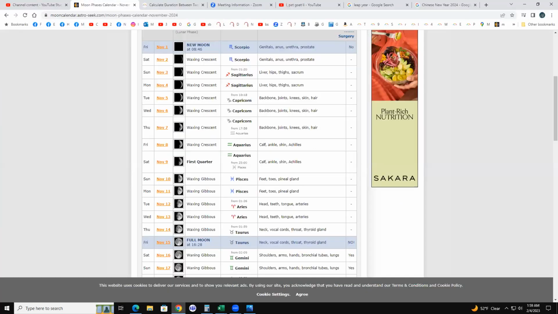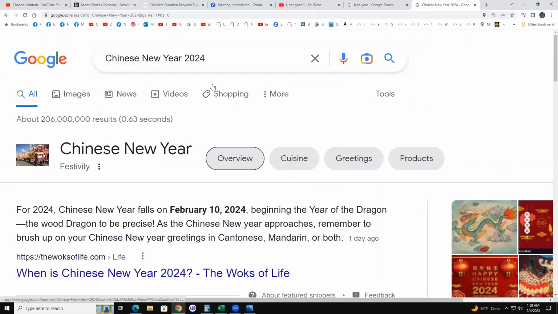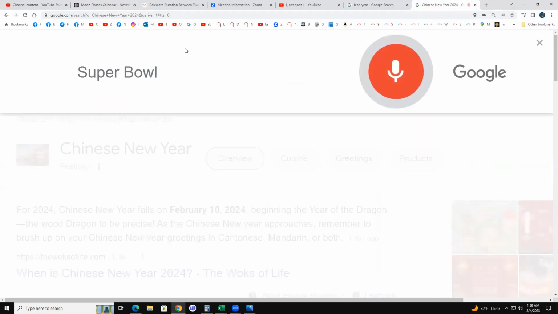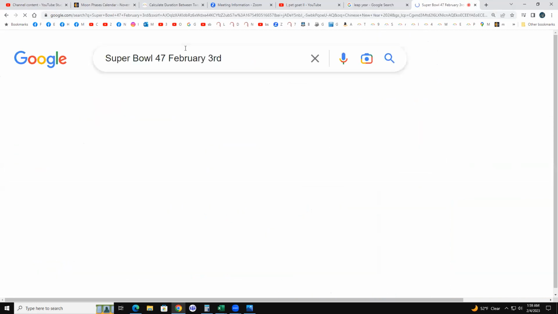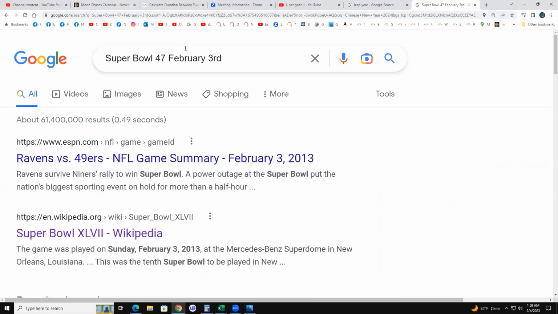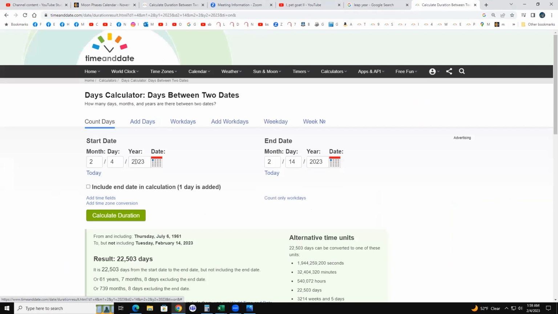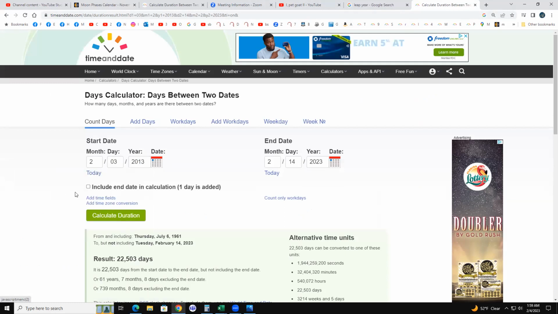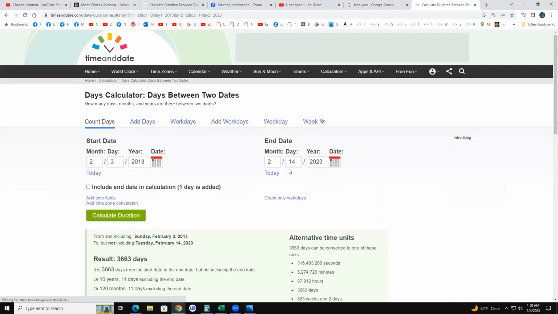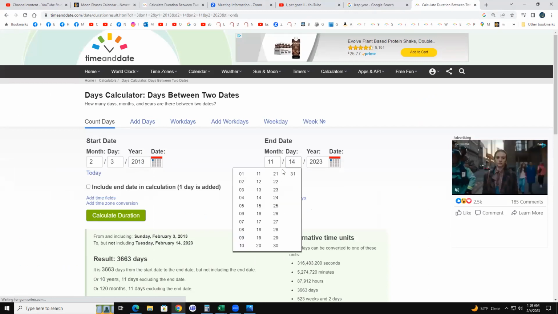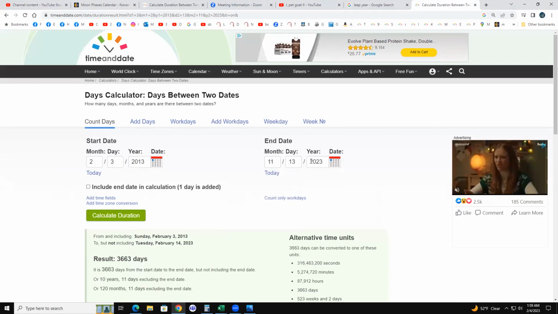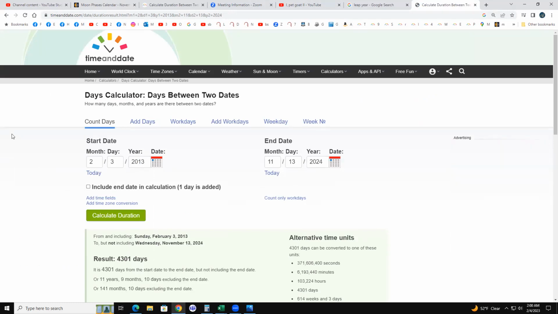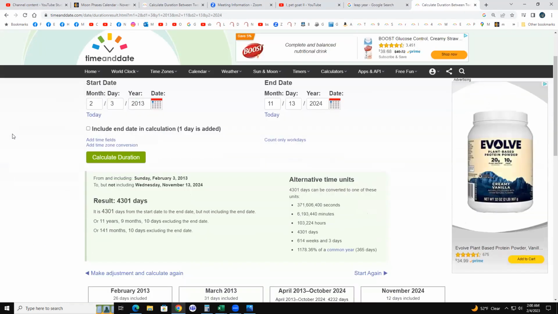Let's run the date. We already know what it is. Super Bowl 47, February 3rd, 2013, X number of years ago yesterday. And now you're going to run it to 11/13/2024. 4301.